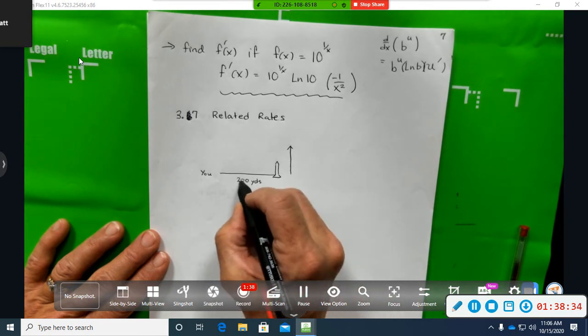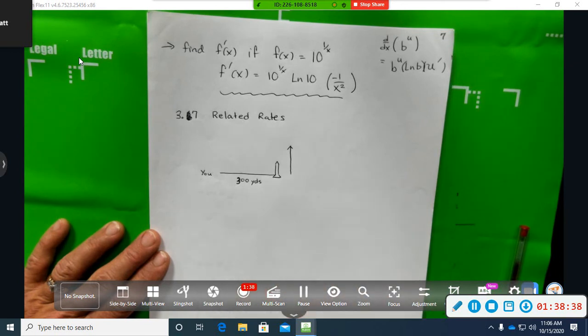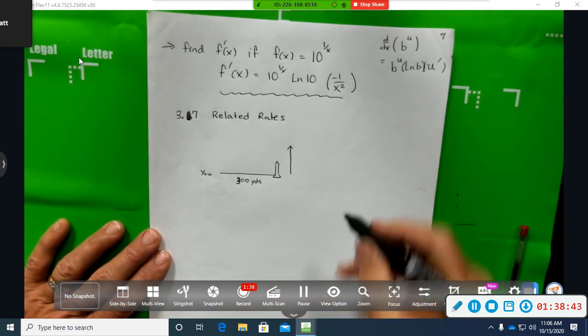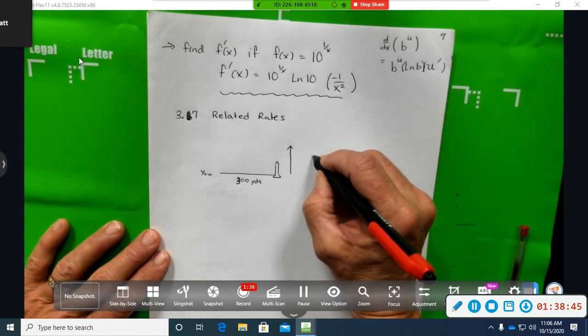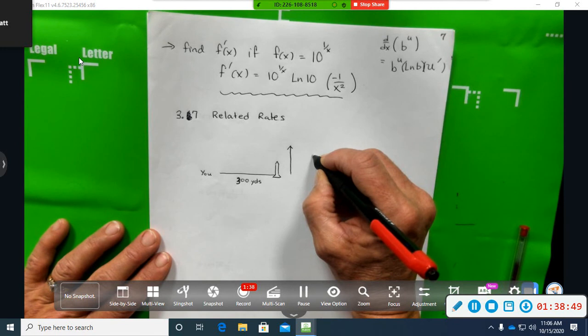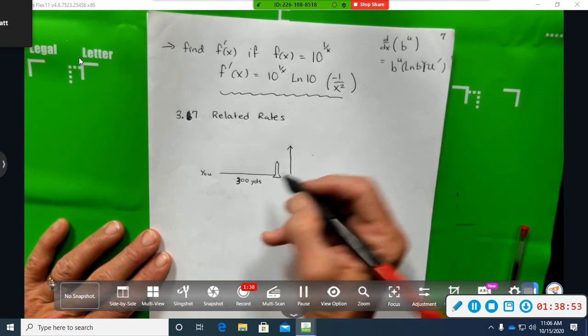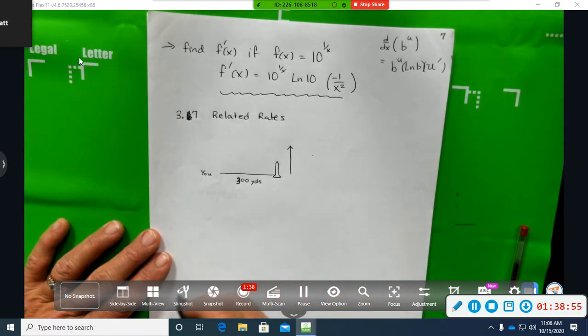Let's make this a nice number. Let's make this 300 yards. I want to make a 3, 4, 5 triangle. I really don't know a good speed. I'm in yards, and I don't want to put you 300 miles away.